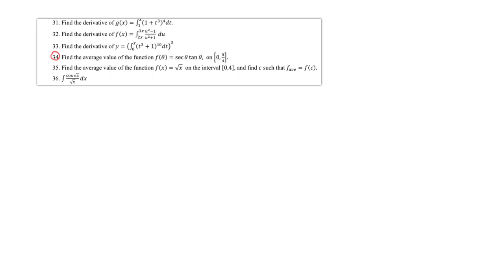Okay, so problem 34 asks for the average value of the function f of theta equals this on that interval there. So for my student at home, just remember the average value of a function. Imagine you had a curve. Well, there's some value here that represents the average value of a function.